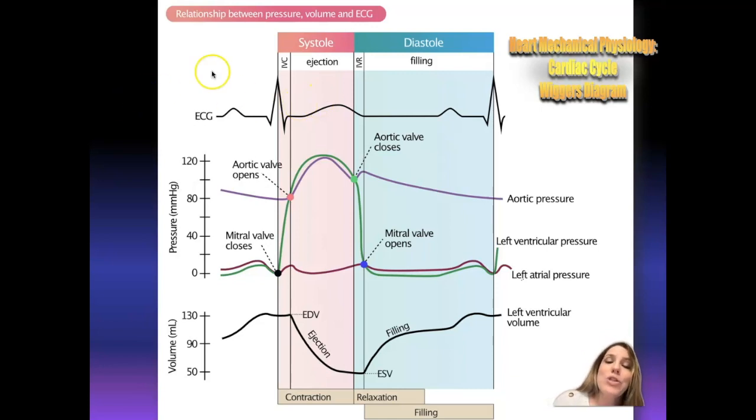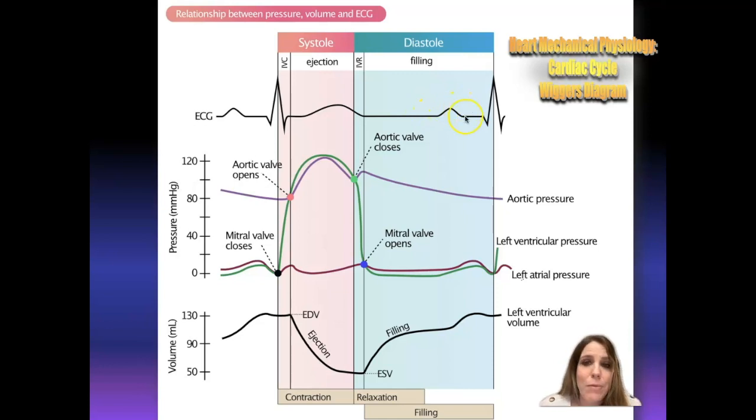And now, of course, you can correlate this to the EKG. We've already been through this, but just as a review, starting with the ventricular filling phase, we're going to see no humps or waves on that EKG during the initial part of the filling phase of the ventricles, because you're just getting depolarization of the SA node.